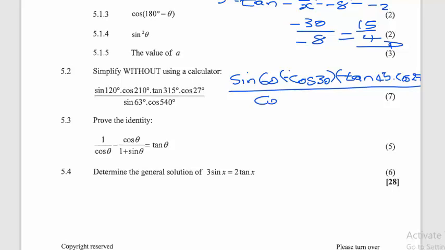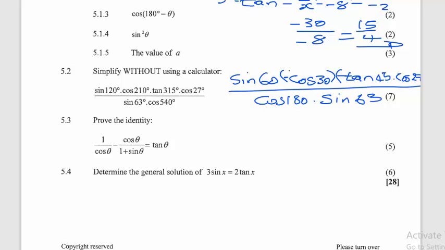So cos 180. And I will then have my sine 63, which remains unchanged, because I can use a special angle to cancel these out, the reduction formula. So sine 63.